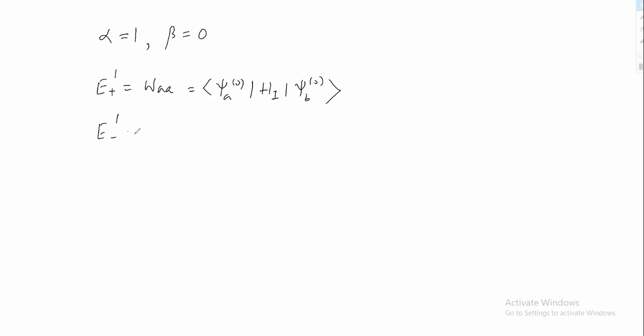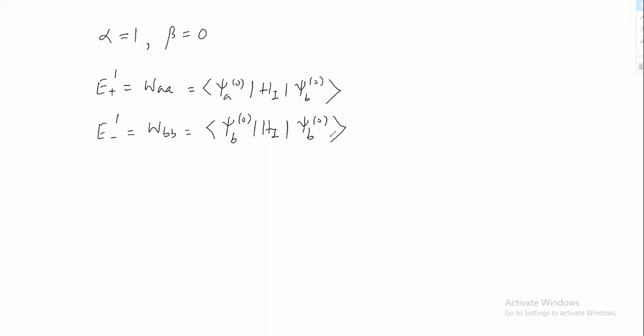Therefore, for the case when alpha is 1 and beta is 0, the energy would be WAA, psi A0 H I psi A0. And similarly for the other case, the energy would be WBB, psi B0 H I psi B0.